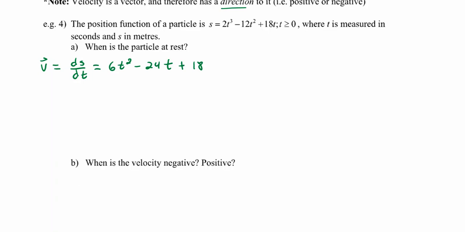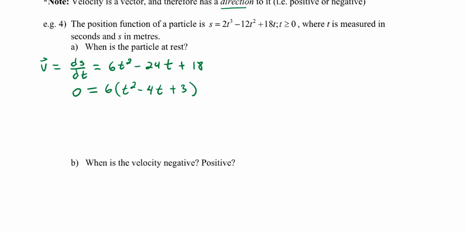Okay, so now it looks like we'll set it to 0. And at the same time, why don't we factor this, make it look a bit nicer too. 6 is common to all of these, so I'll factor a 6 out. So 6 times t squared minus 4t plus 3.